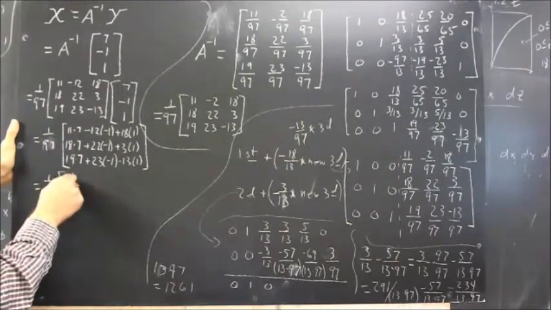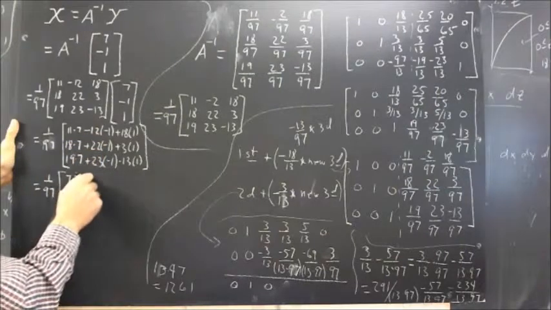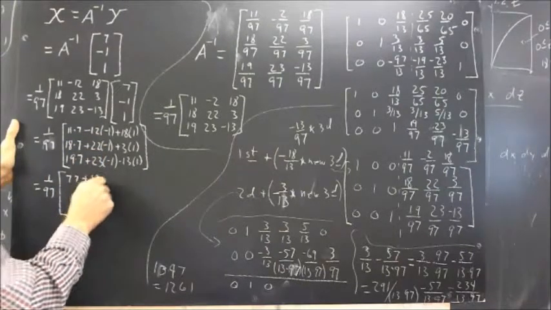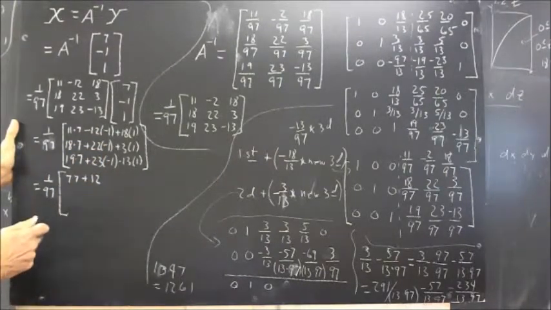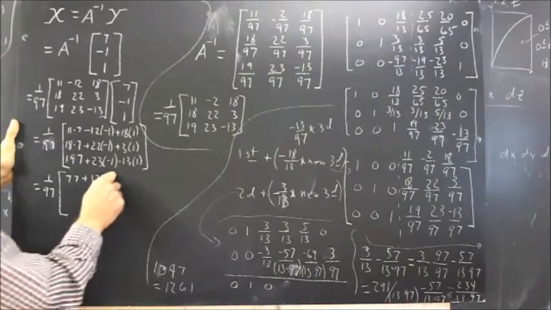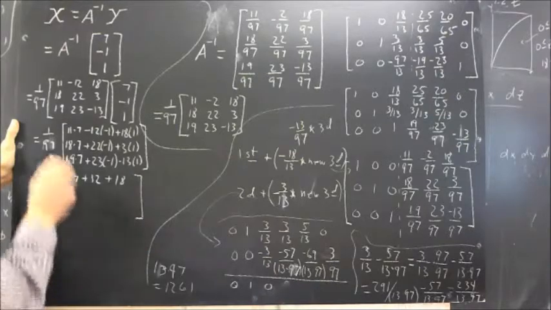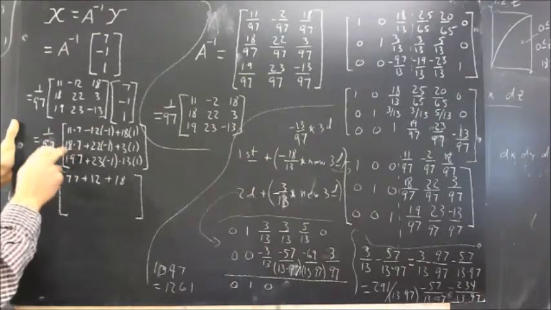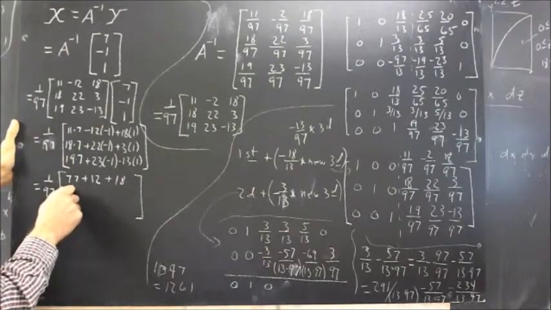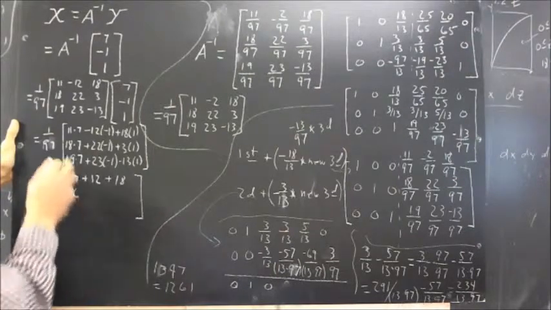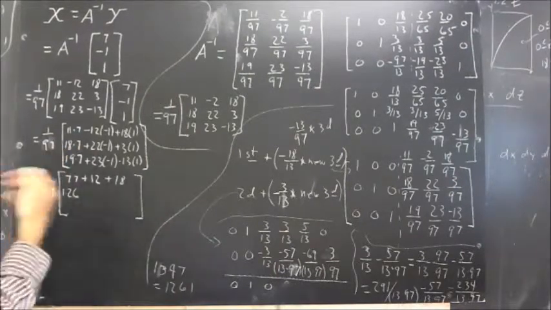So you're going to have 1 over 97 multiplied by what? Well, that's going to be 77. 12 times 1 is 12, and the two negatives make it positive. And then we're going to have 18. Okay, 18 times 7, 70 and 56 is 126. And 7 times 20 is 140.